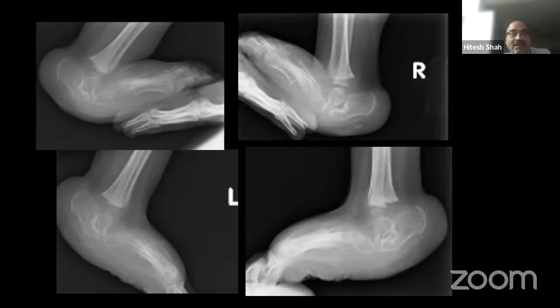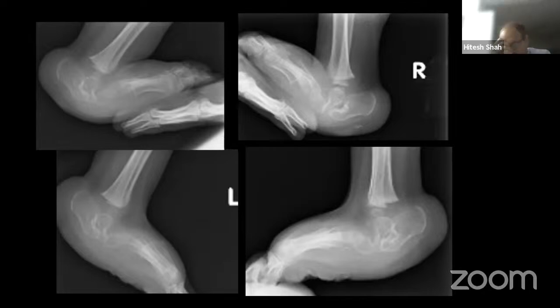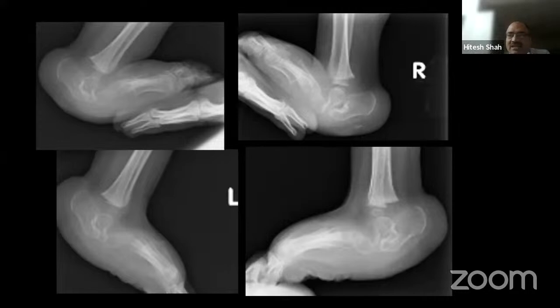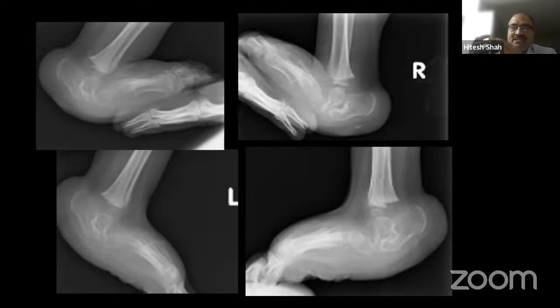The talus is vertical, though sometimes in oblique talus also, when there is severe obliquity. Sir, talocalcaneal angle. Talocalcaneal more than 40, sir. More than 40, but the talocalcaneal angle will give an idea about hindfoot valgus. It doesn't say the pathology. Again, what is the pathology? We discussed already: what is the pathology in vertical talus?